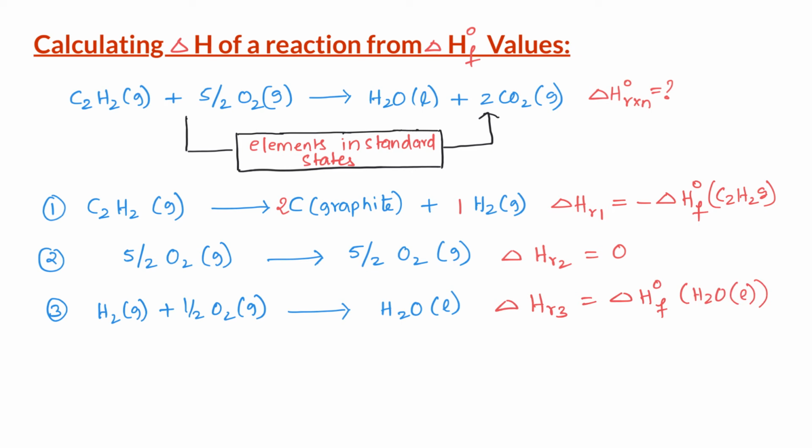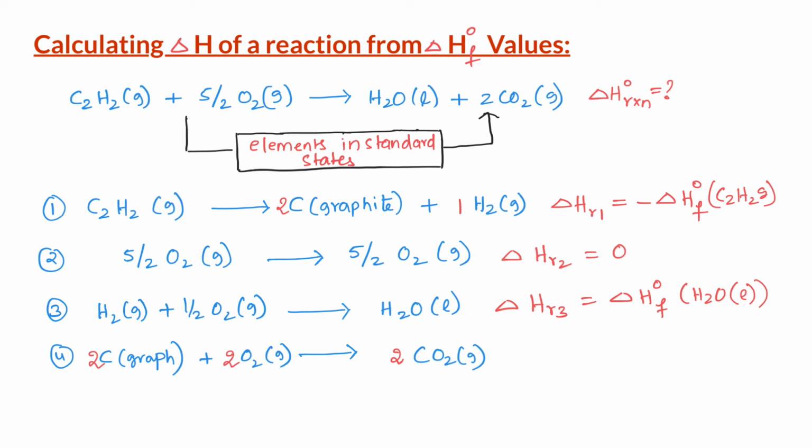The second product is carbon dioxide, CO2. Let us make carbon dioxide using respective elements in their standard state. Carbon graphite plus oxygen gas combine to form carbon dioxide. We have 2 moles of CO2, therefore 2 moles of carbon combine with 2 moles of oxygen.